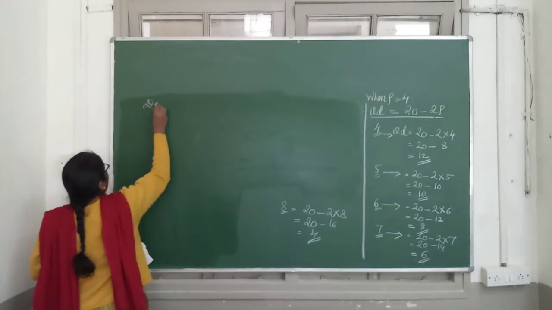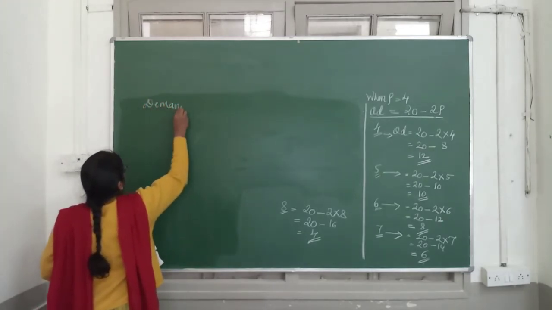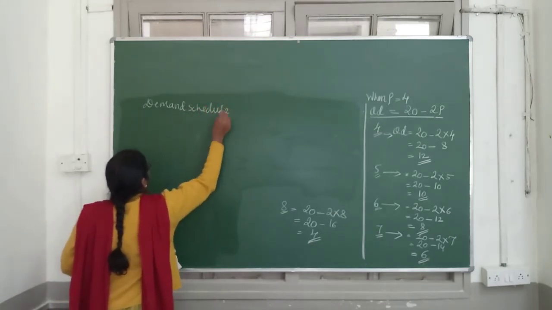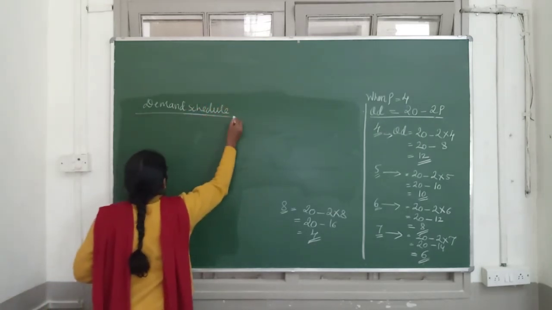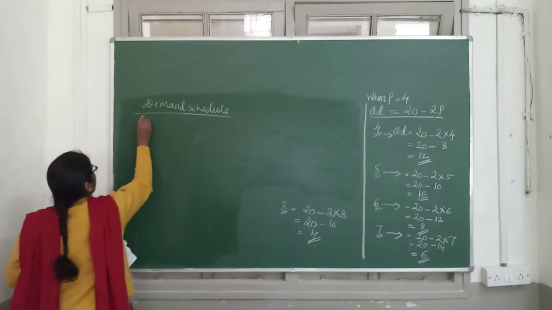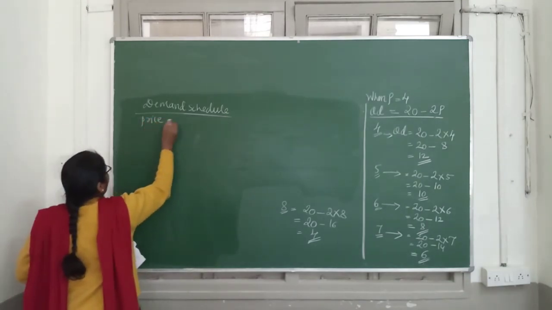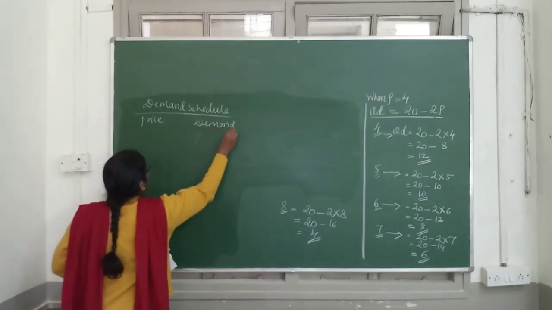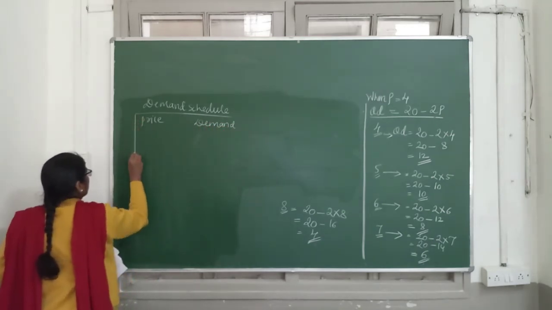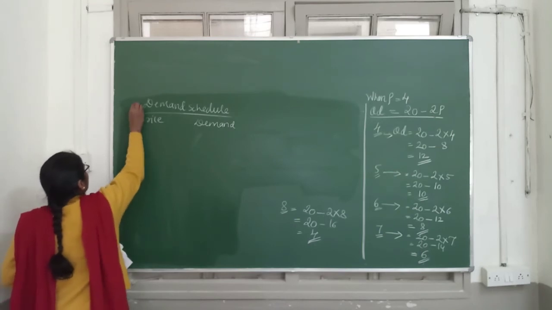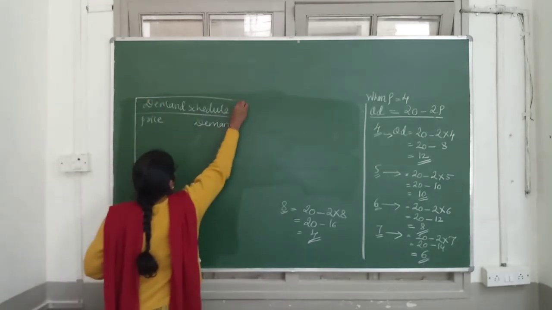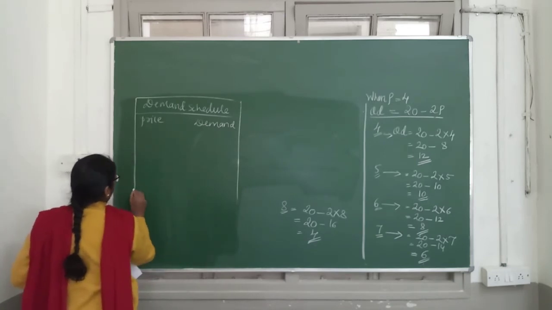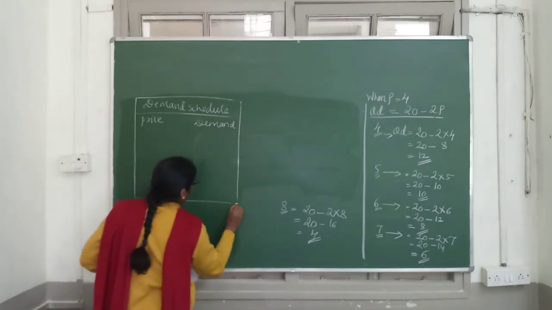Yes, demand schedule. Demand schedule contains two points. One is price and the other is what? Demand. Then we have to draw the diagram with the help of this demand schedule.